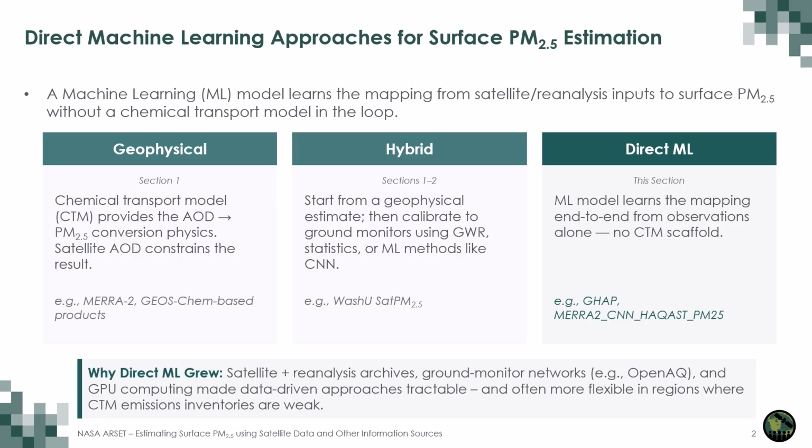Instead, machine learning models learn the mapping directly from the inputs such as satellite AODs and reanalysis variables straight to surface PM2.5. Everything is learned end to end from the data. There are many examples in the community, and we'll explore one of them here, that is MERRA-2 CNN.